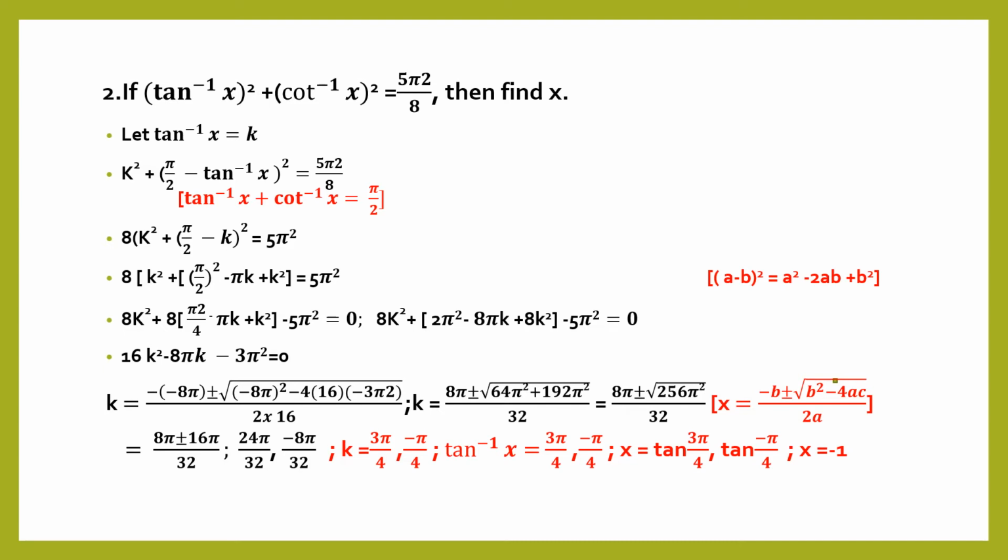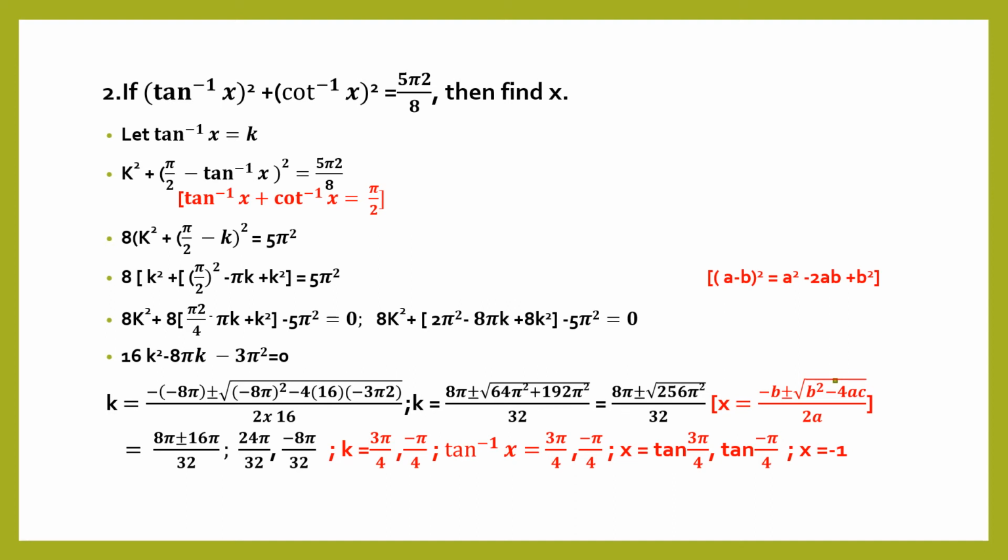So this is like a quadratic equation. So we can use the quadratic formula x is equal to minus b plus or minus root of b square minus 4ac, whole divided by 2a. And here in place of b we have minus 8 pi, a is 16, c is minus 3 pi square.